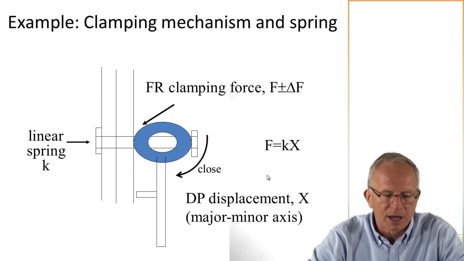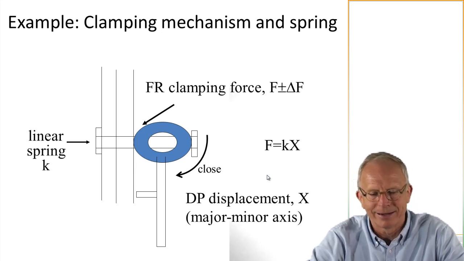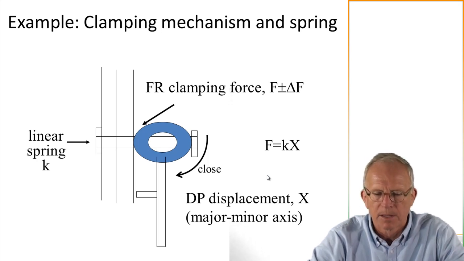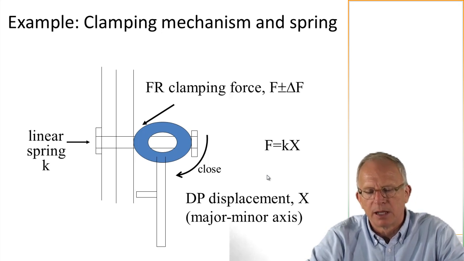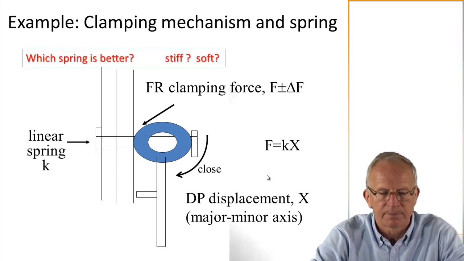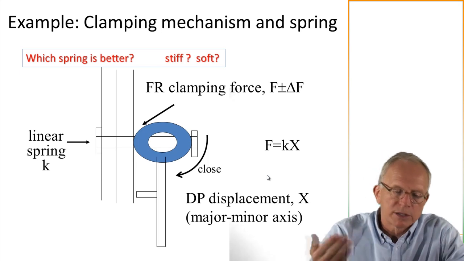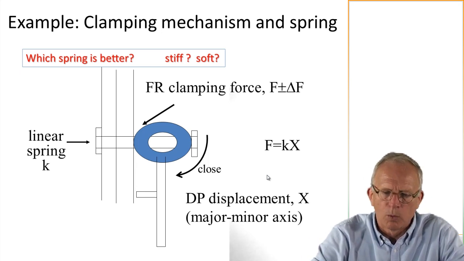Minus, on the low side, it's got to be at least enough to keep these plates from sliding, and on the high side, it has to be small enough not to cause excessive wear or to break something. So the relationship between the DP, which is the displacement, and the FR is just as a linear spring indicates, F equals kx. So this is a 1 FR design.